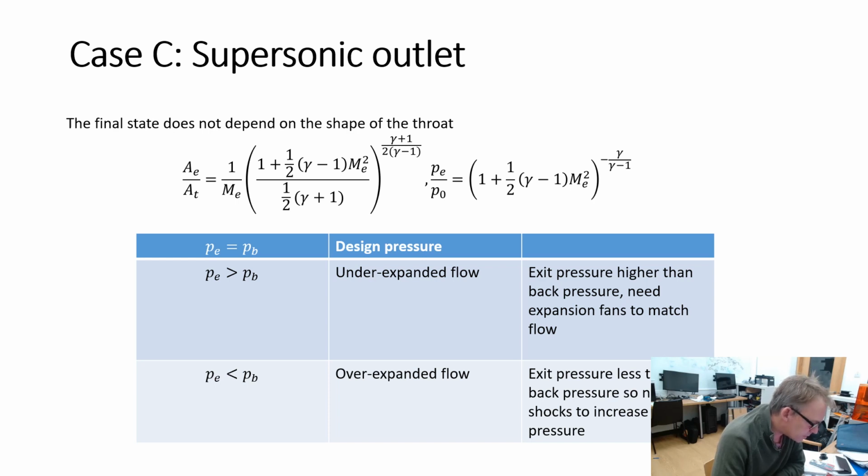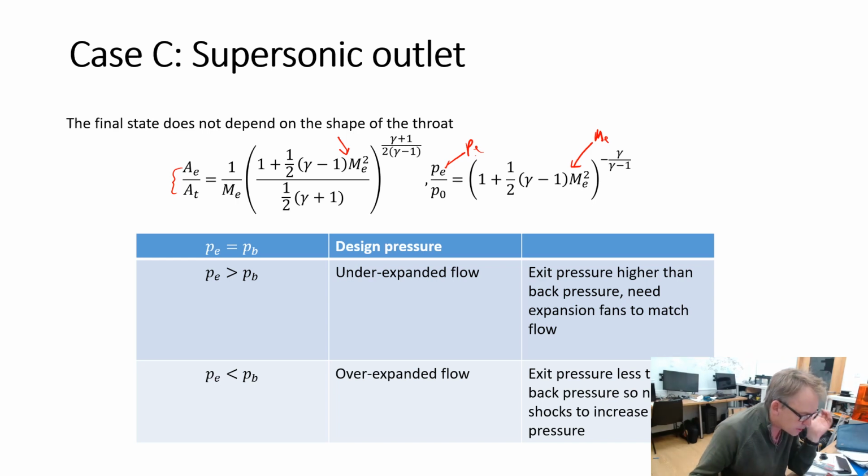Case C is relatively straightforward. It's exactly the same as case A, where we've got subsonic everywhere. Here we've got subsonic becoming supersonic, and again we can determine the relationship between the exit Mach number and PE, and the relationship between the exit Mach number and the ratio of areas, and we need to get the exit pressure from the solution as well.